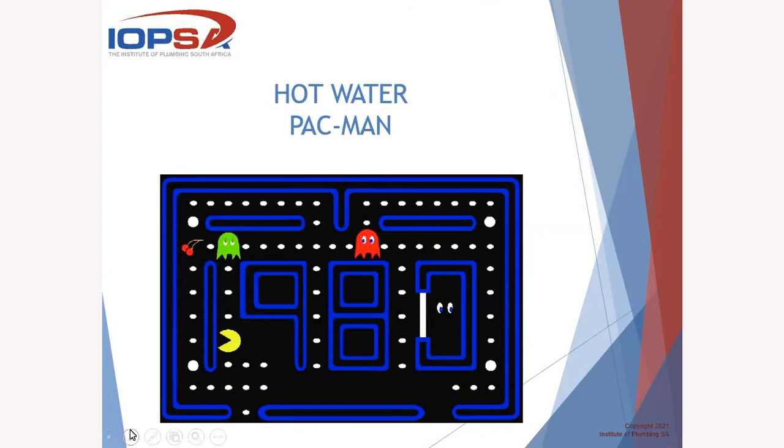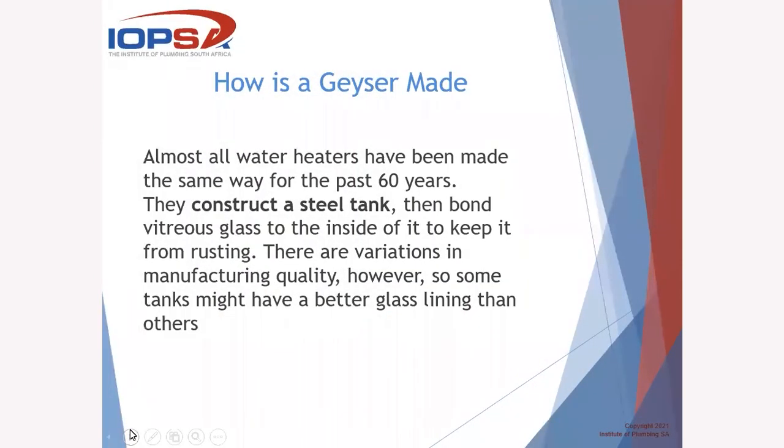Most people, mainly in the elder generation, will know what Pac-Man is. Certainly when I was young, it was the first TV game we ever had. And that's exactly what water does. It just goes around eating. And so that is the role of the anode: to let the water eat the anode.